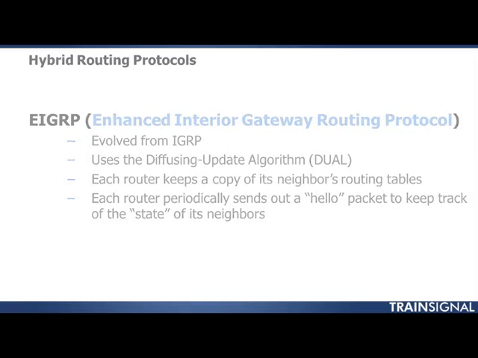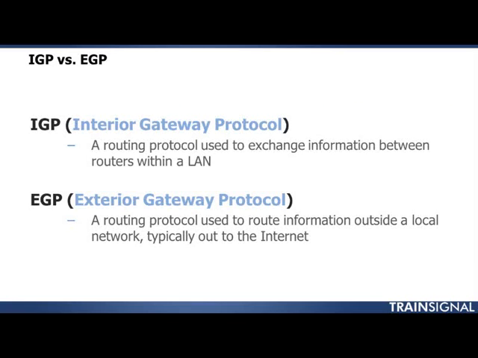Now, the last thing when it comes to talking about these routing protocols is there's a couple terms I want you to be familiar with. And those are IGP and EGP. An IGP protocol is an Interior Gateway Protocol versus EGP is an Exterior Gateway Protocol. And what does that mean?